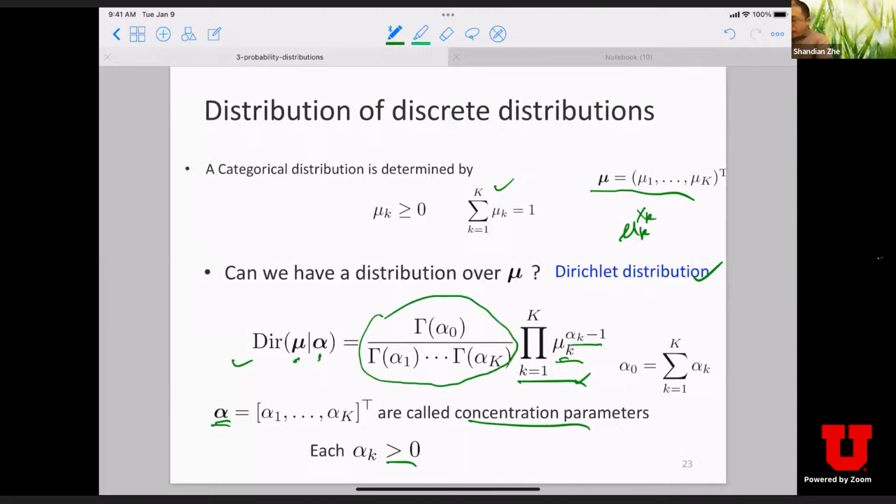The numerator is a gamma function of the summation of all the concentration parameters, and the denominator is a product of the gamma function over each concentration parameter. Again, you don't need to memorize that. I just introduce the structure of the density function. In future, if you need it, just look it up in a dictionary.